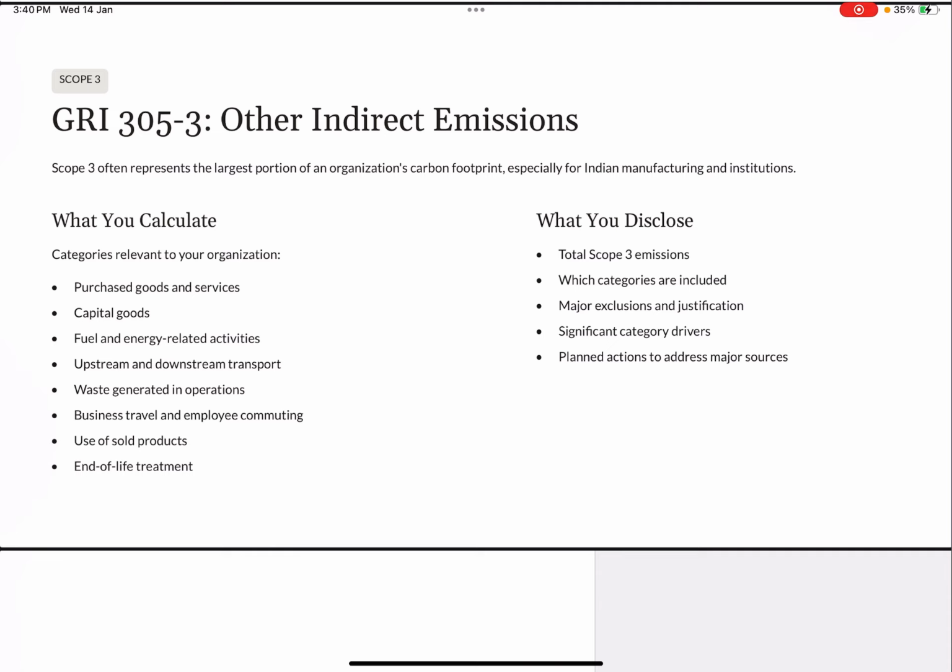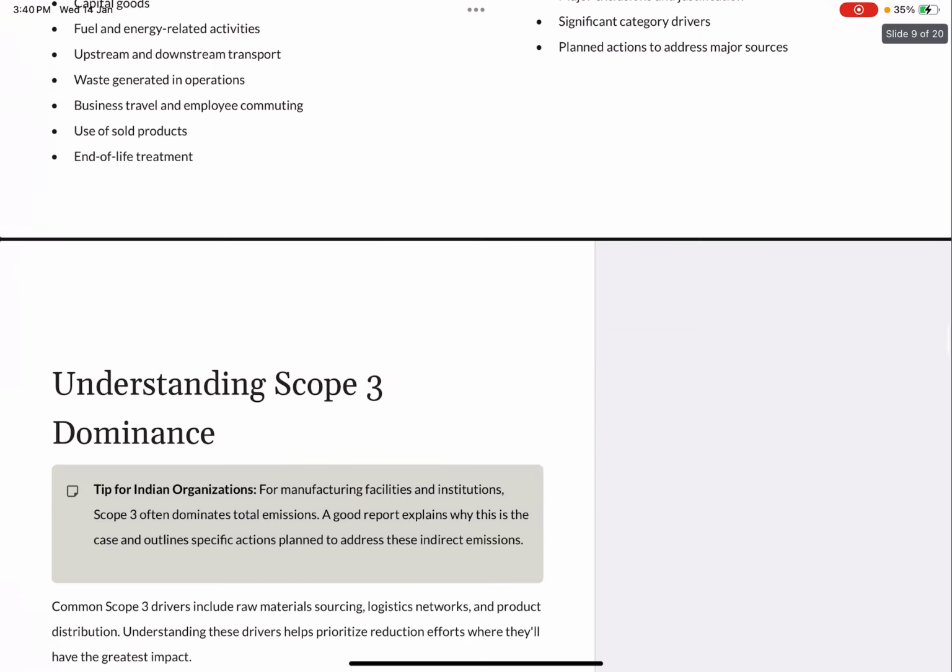All this would be scope 3 emissions included in GRI 305-3, and it would also include why a particular emission is excluded and the justification therein, and also point out the significant category drivers and the planned actions.